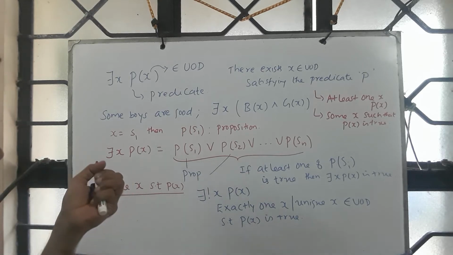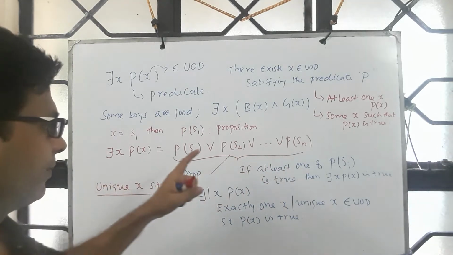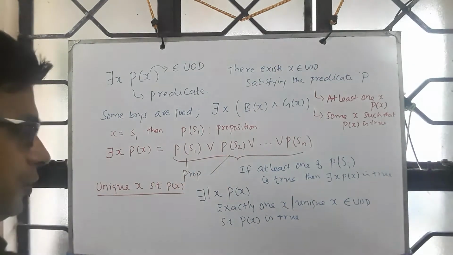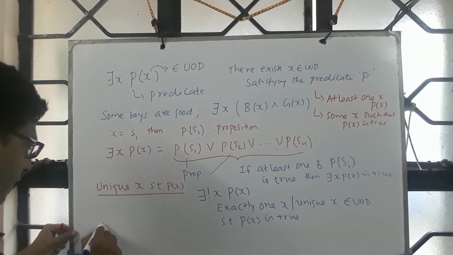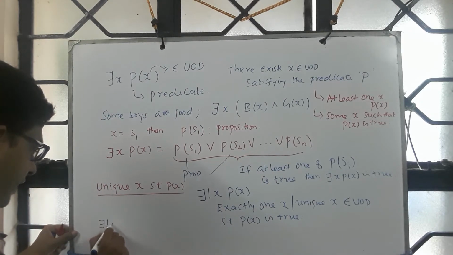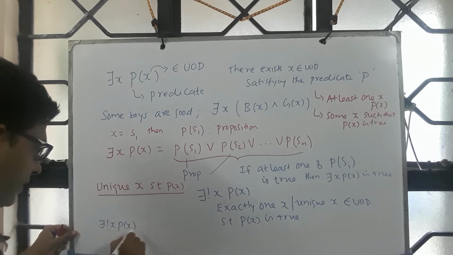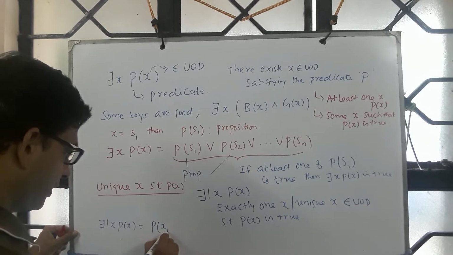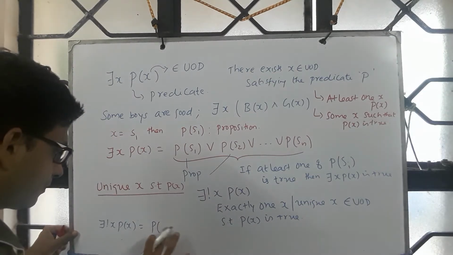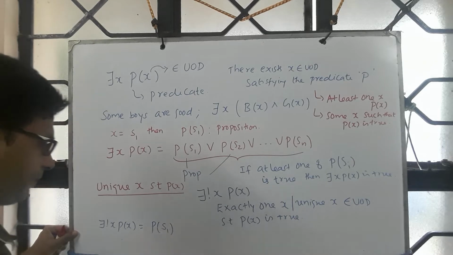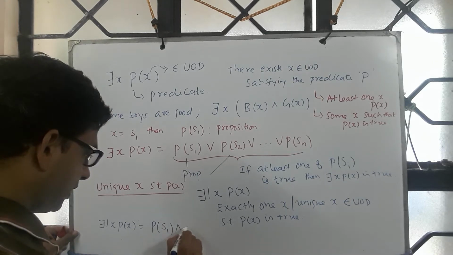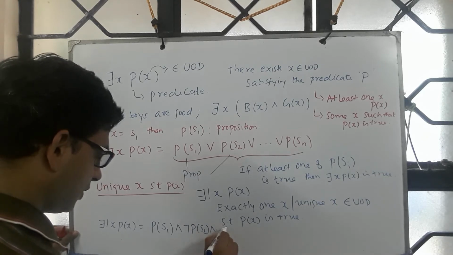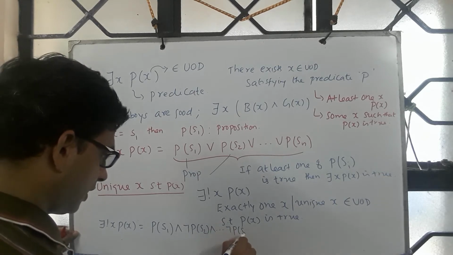So if there are, say, n elements, it may be true with respect to the first element, or it may be true with respect to the second element, and so on. So there exists unique x, p of x means it may be true with respect to the first element, which means it is false with respect to the second element, and so on up to all other elements.